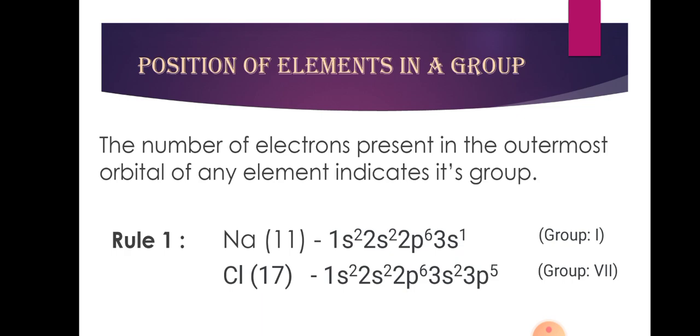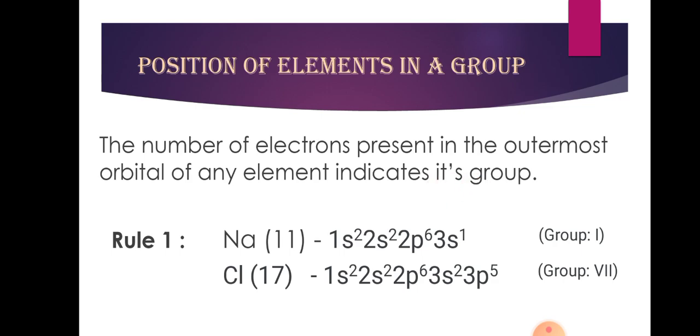Rule 1: if outermost s orbital contains 1 to 7 electrons, then the element takes place in group 1 to group 7. For example, sodium atom contains only 1 electron in its outermost level.